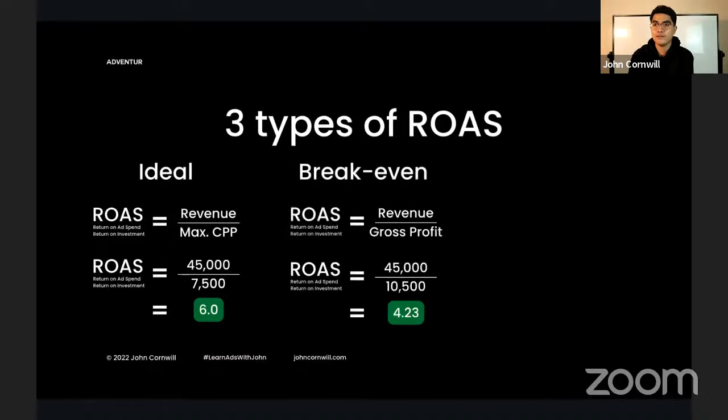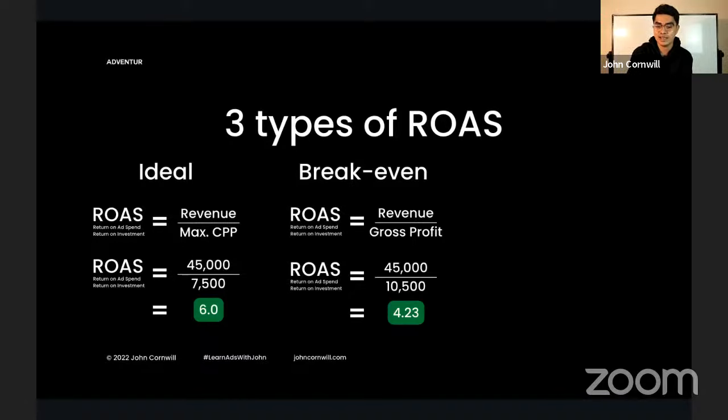Now, we also have another type of ROAS which is called break-even ROAS. Pansin nyo, yung denominator dito, hindi na maximum cost per purchase. It's already the gross profit. So yung kita natin kanina, yung gross profit kanina na that's 1,500. Right? Yeah, that's 1,500.